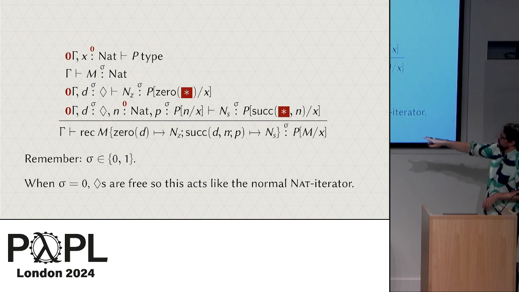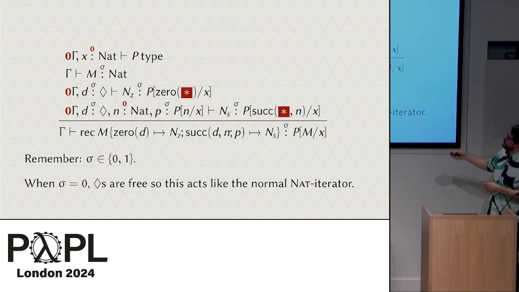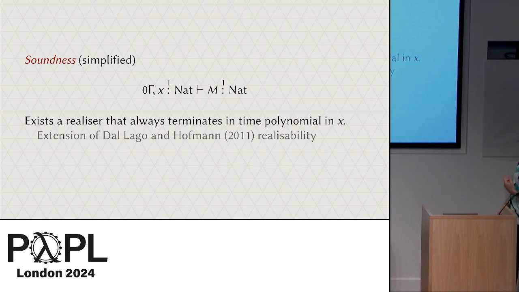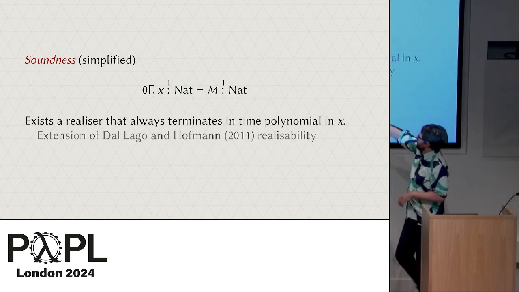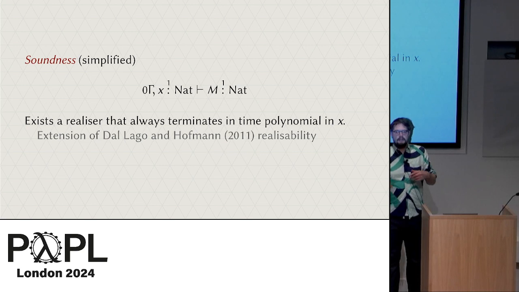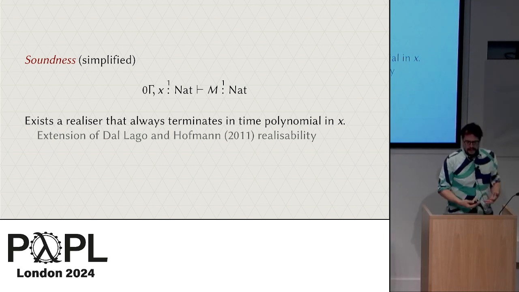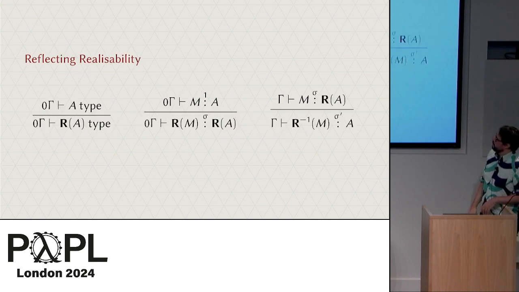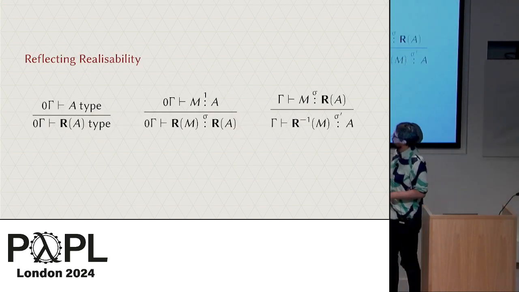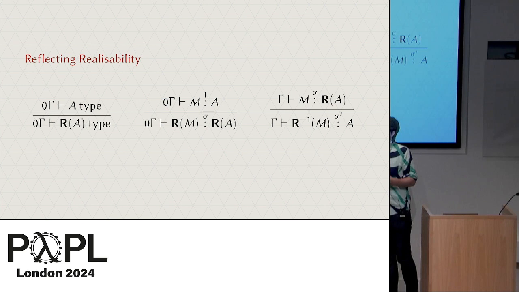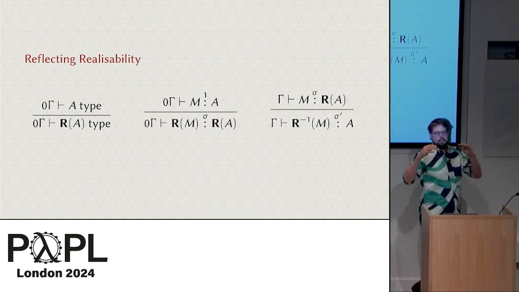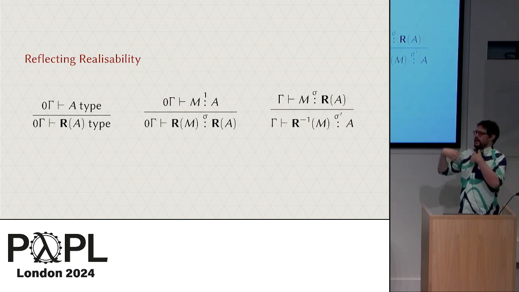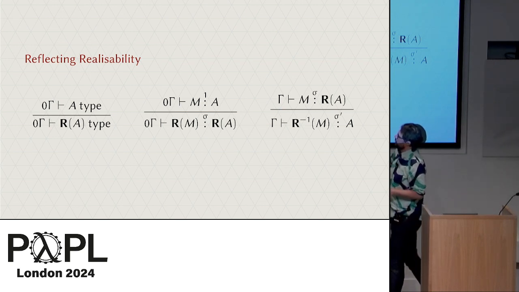And when we're in this sigma equals 0 fragment, all the diamonds are free, so this just acts like a normal nat iterator. Just want to say the soundness, simplified, is if you have a term like this, then there is a term in another calculus which realizes it and always runs in polynomial time. And for what I want to do next, an also important thing is if we have a term that we can construct in the sigma equals 1 fragment, we can reflect that back into the types with this kind of realisability type.